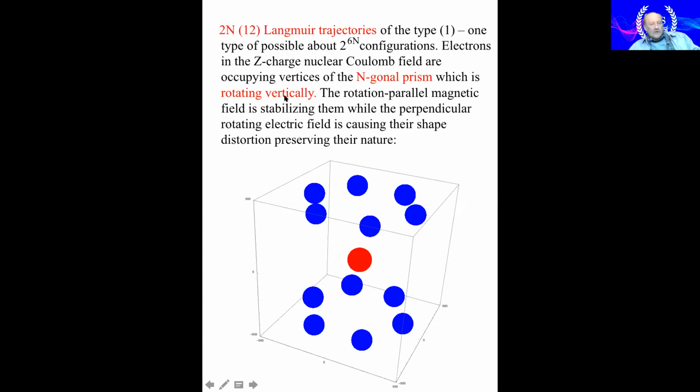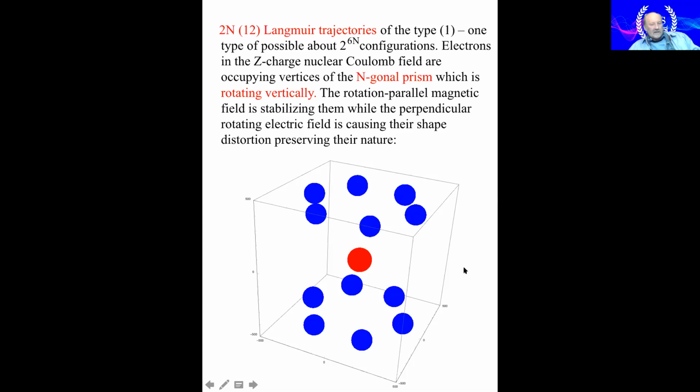And now we want to extend it to n electrons, and for an even number of electrons, it is quite simple, because you simply separate the electrons into 2 sets, and for one set you place the electrons on an n-gonal prism. And the whole thing is rotating.